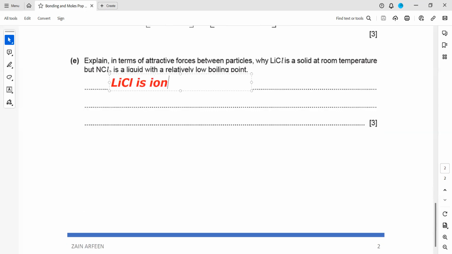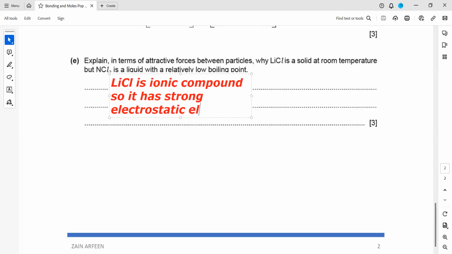LiCl is an ionic compound, so it has strong electrostatic attraction between oppositely charged ions.